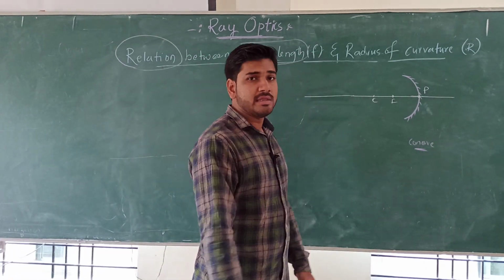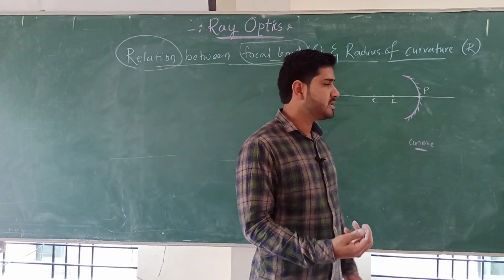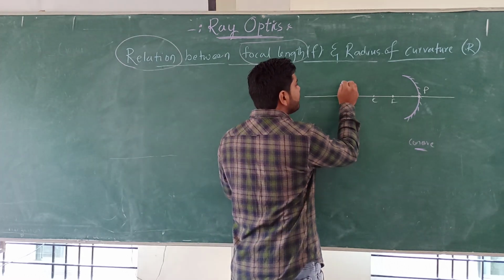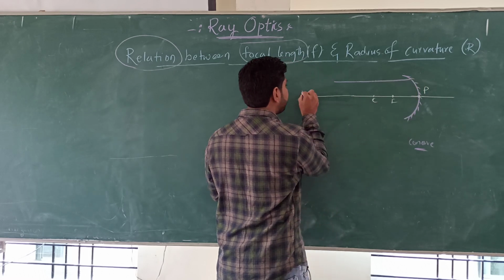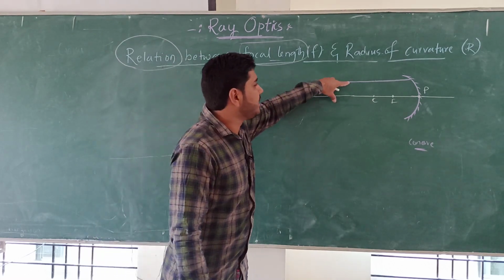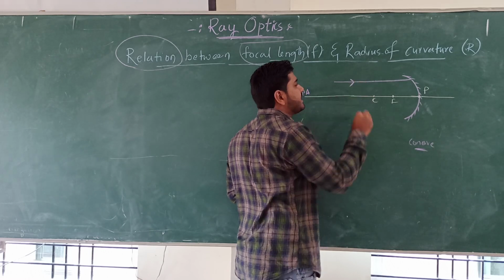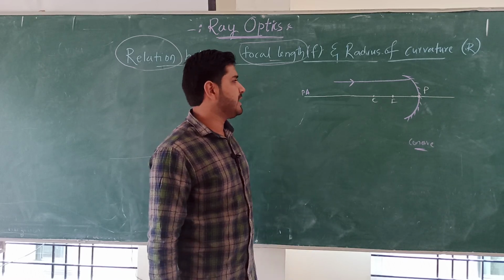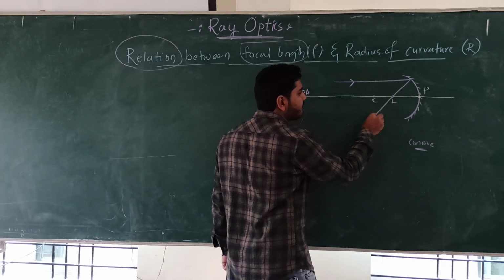In the last class I have said this. If I take one ray which is parallel to the principal axis, see, this is the principal axis, this is one incident ray I am taking which is parallel to the principal axis, and you know that after reflection this ray will pass through the focus.